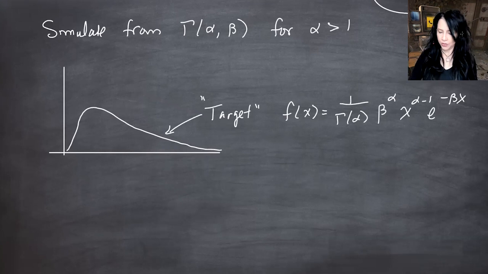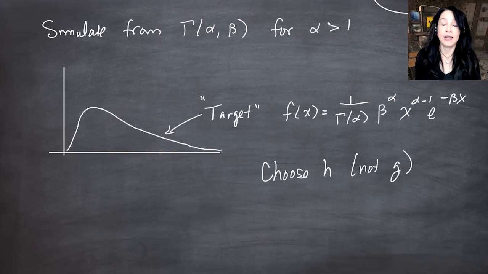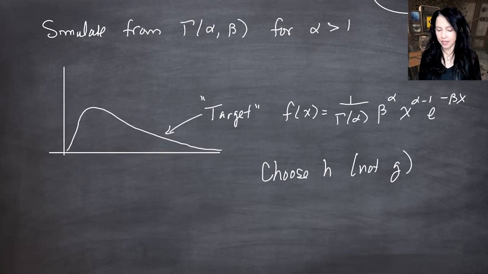So I'm going to choose h, not g. And then we'll go back and find g. I'm just going to choose an exponential distribution because we can simulate from that using the inverse CDF method. In practice, you're probably going to be simulating from some arbitrary distribution that doesn't have a name, and that part where you need to be able to draw from that candidate distribution is probably going to be a black box generator from your software.